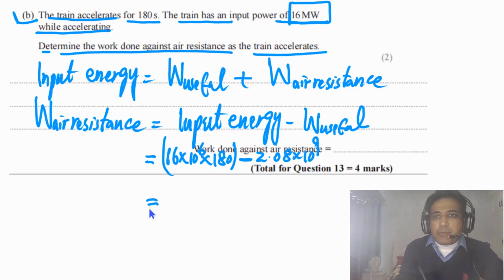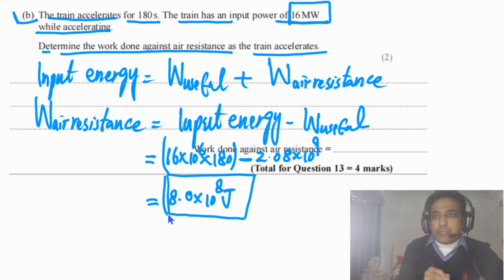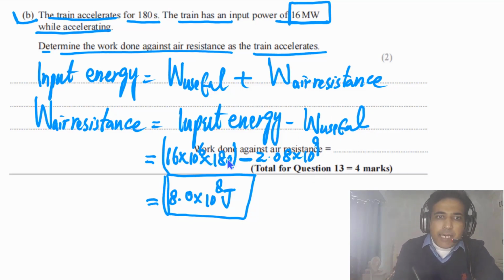Now if we simplify this one, our final answer will be equal to 8.0 times 10 to 8 joules. So this much work is done against a resistance, and this is our final answer. This question has 2 marks. The first mark you will get if you have calculated input energy correctly.